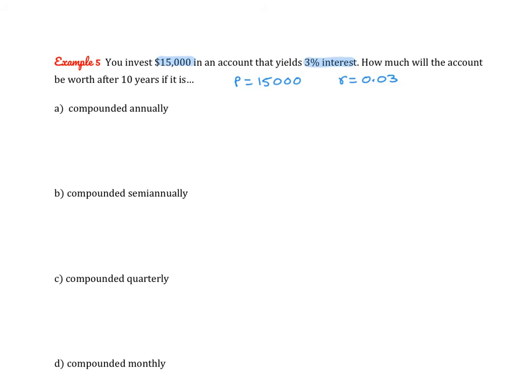How much will the account be worth after 10 years if, so T equals 10, it is compounded annually? So annually would be once per year. So essentially, it's a simple interest investment, but let's use our formula. So A equals P, 15,000, times (1 plus 0.03 over 1) to the power of 1, which is our n, times t, which is 10.